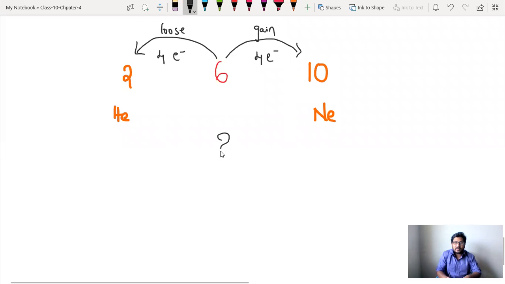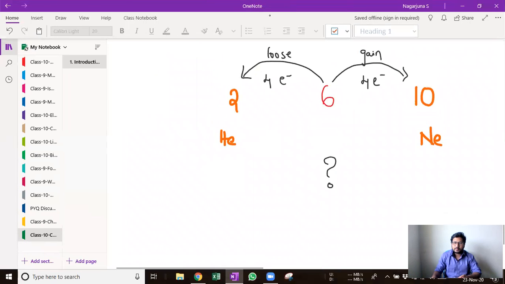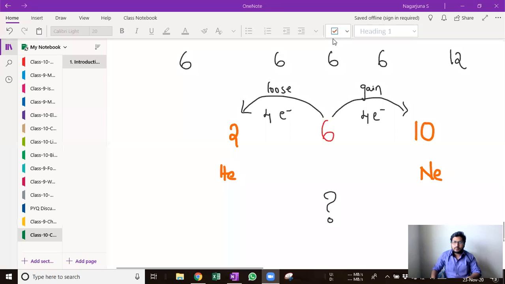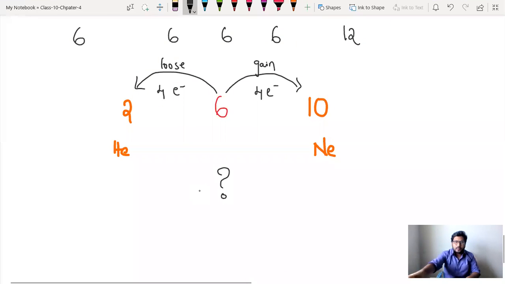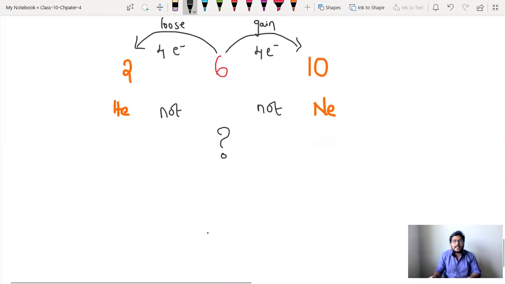Now the question: what will it do? Will it lose electrons or will it gain electrons? Let us discuss. The answer is, it will not lose electrons, it will not gain electrons. Neither lose nor gain. Why? Why can it not lose electrons? Why can it not gain electrons?